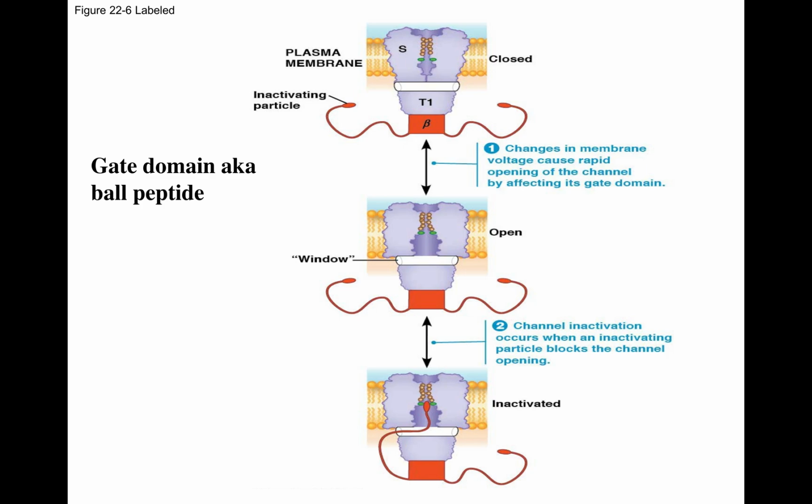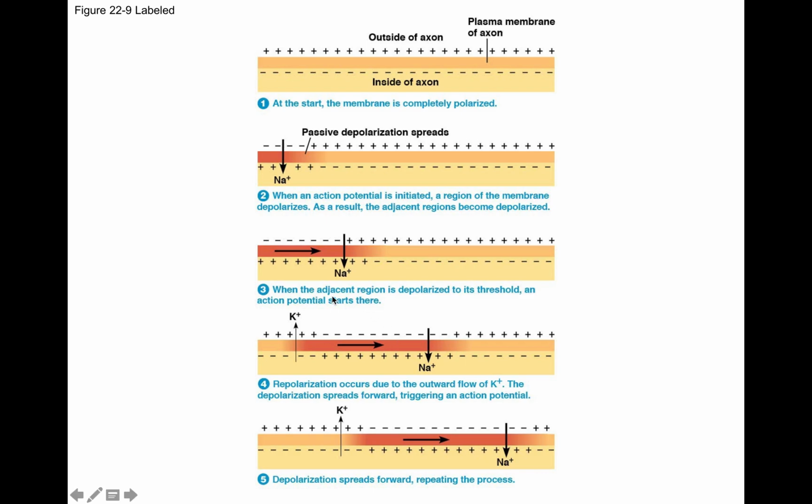This is really important for the direction of the channel opening. So in this scenario, you see that the direction of the signal is moving in this direction. Because these sodium channels, after they open, get inactivated, even though the positive charges of sodium coming in could go in both directions by diffusion, if they go backwards, no more sodium is going to come in at that point because those sodium channels are inactivated.